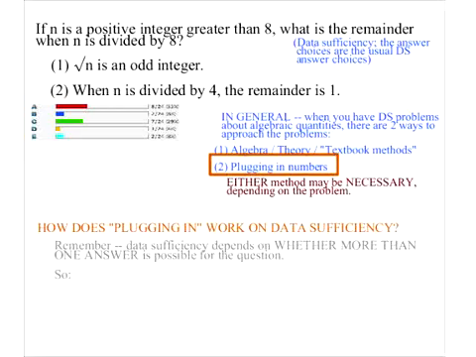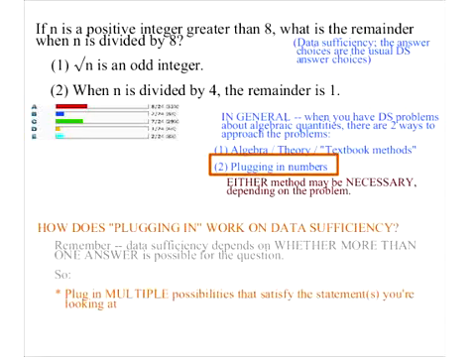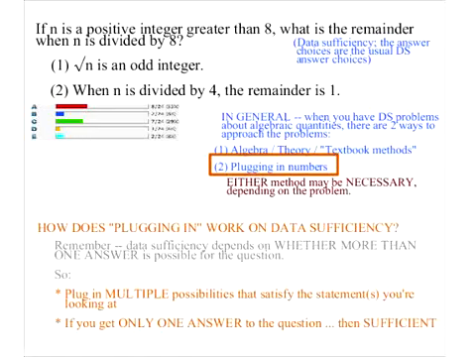So you have to plug in multiple possibilities that satisfy the statement you're using. If you get one answer to the question every single time, then it's sufficient. If you ever get two or more different answers, then that's insufficient.